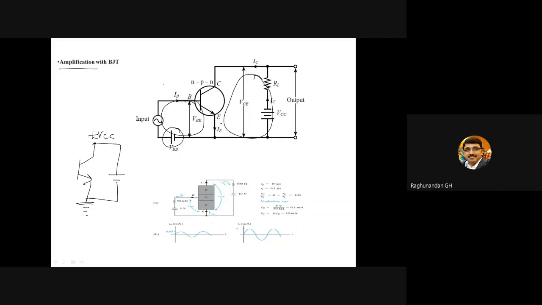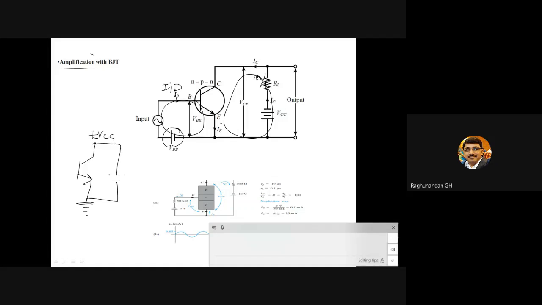I have told you this is the input circuit, this is the output circuit. Should you make the input circuit forward bias or reverse bias, and the output circuit forward bias or reverse bias for this application?